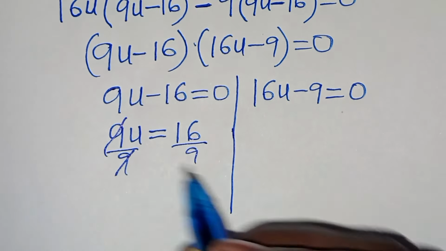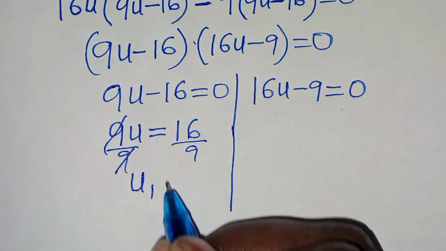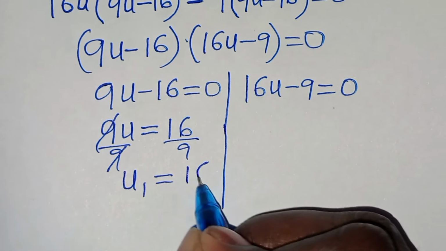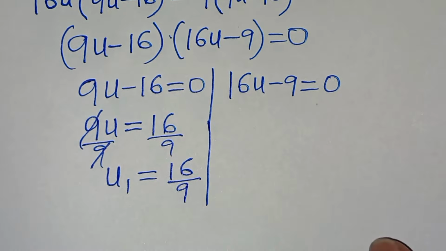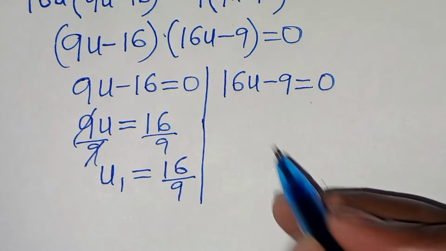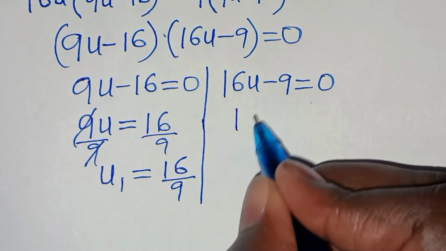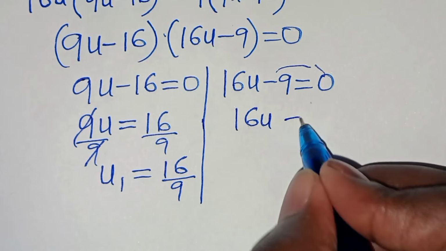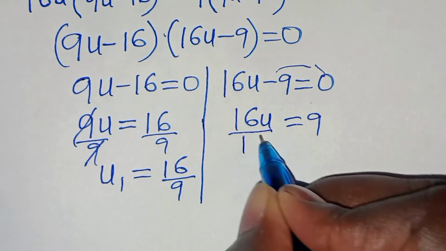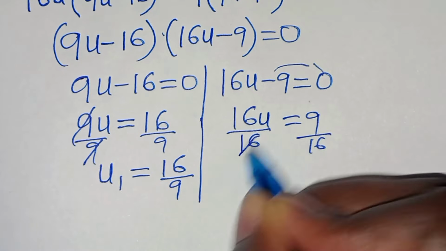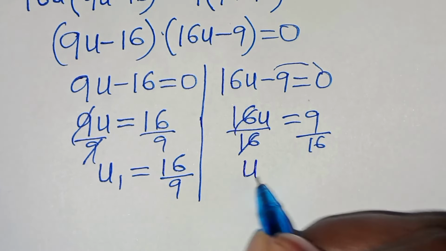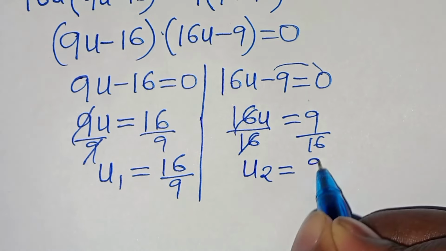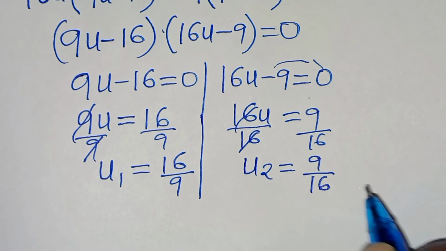And this implies that u1 is equal to 16 over 9. Now, in the second part here, we have 16u. Let's take minus 9 on the right hand side. So this is equal to 9. If you divide both sides by 16, then this implies that we have u2 is equal to 9 over 16.